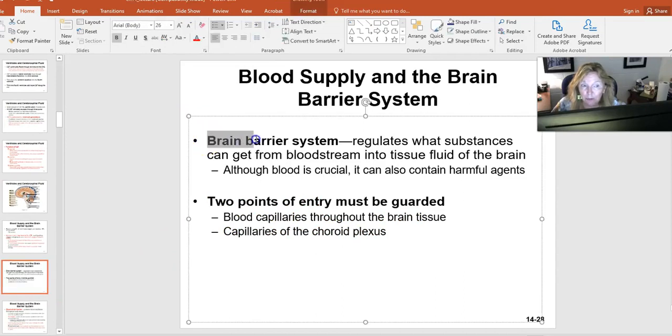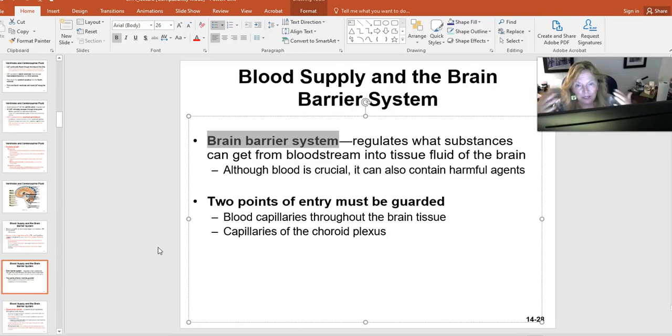There is a blood-brain barrier that we know is provided by special glial cells called astrocytes. And this sounds like a catch-22, that we have a blood-brain barrier, but we need a constant blood supply. The oxygen can move across really, really readily.